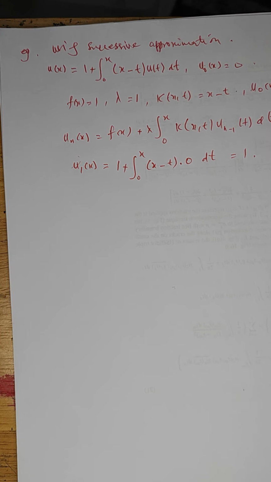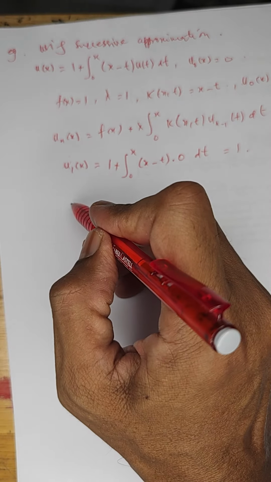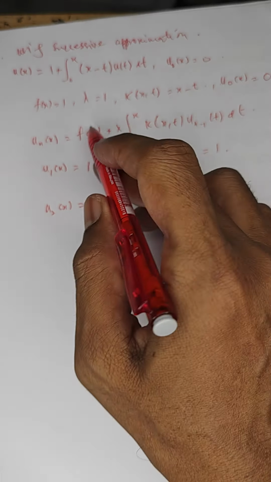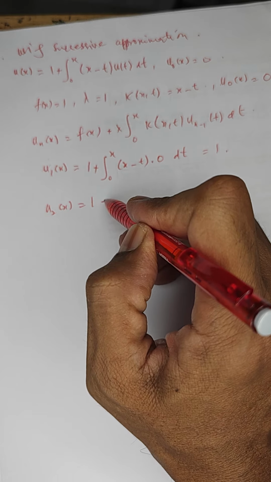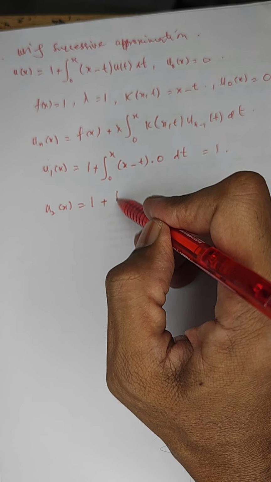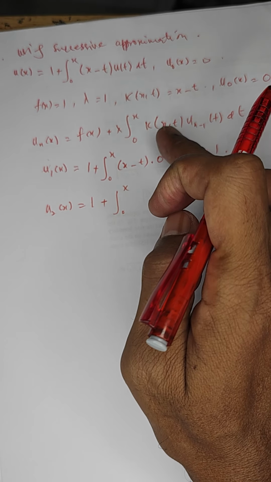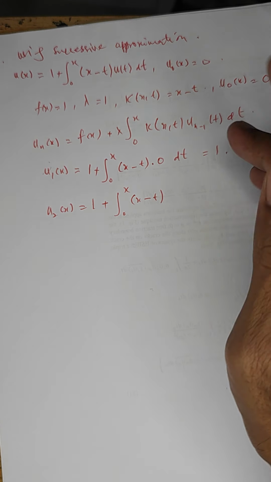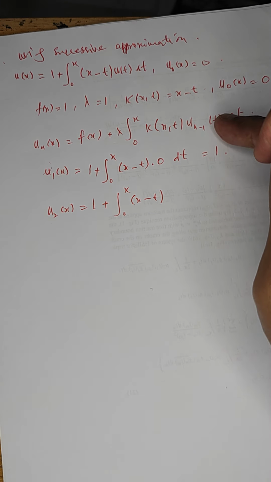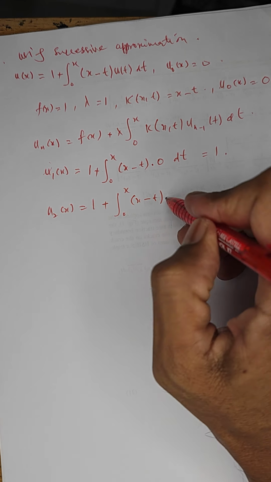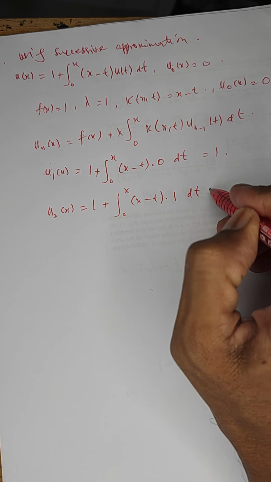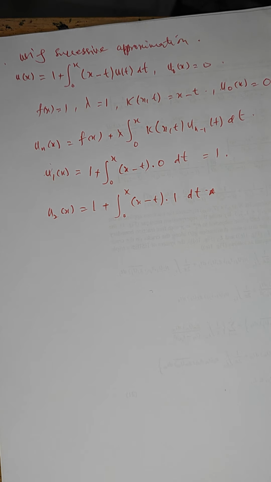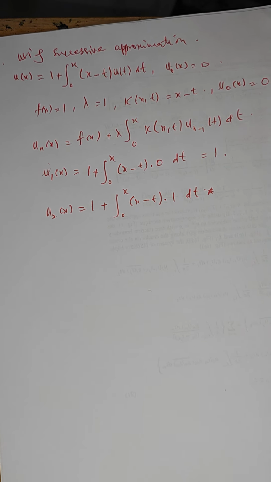Then we can find u2. For u2(x), we have f(x) is 1 plus, lambda is 1, the integral from 0 to x of our kernel x minus t times u1, and our u1 is 1, dt.